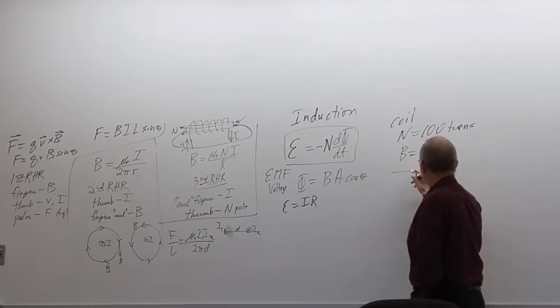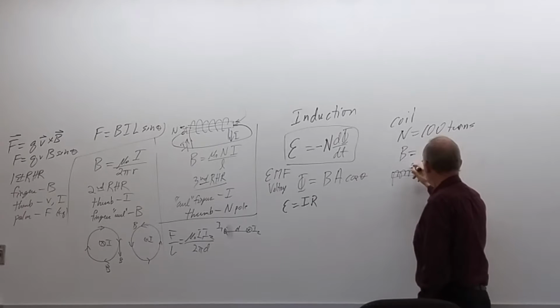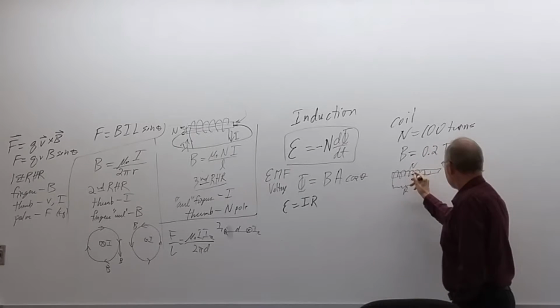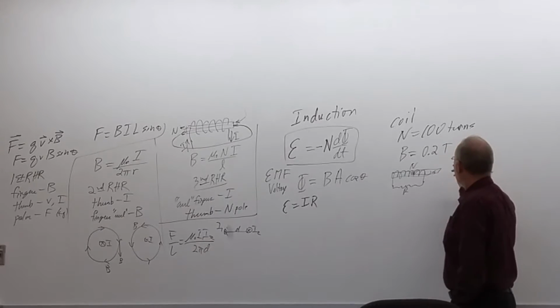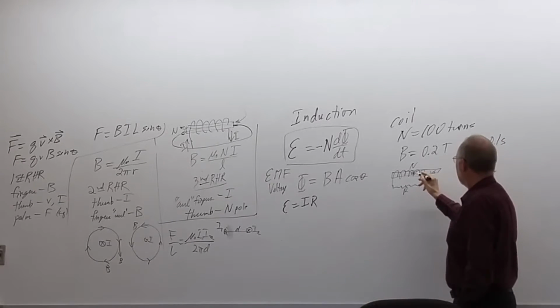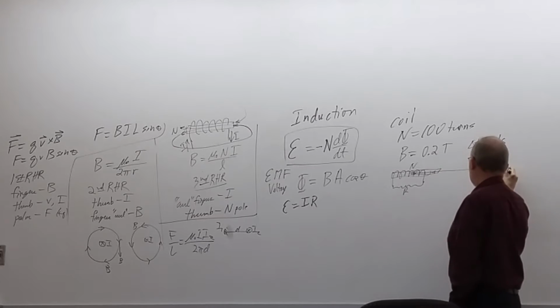And so you got this coil, 100 turns, and hooked up here to some resistance, so you got a complete circuit. You got your bar magnet inside there, north pole, south pole, and in a time of a tenth of a second, you're going to pull this all the way out.